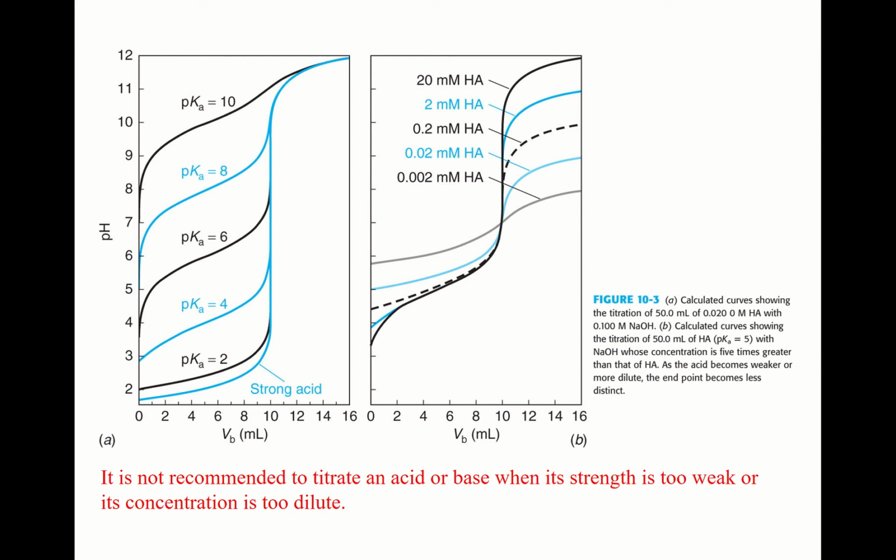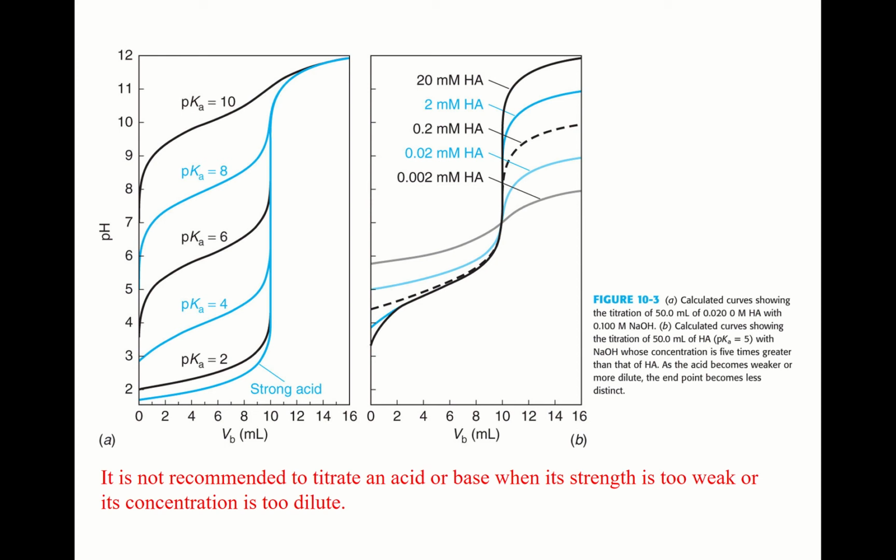So here the strong acid titration curve is this one. The initial pH is quite low, and at the equivalence point, which is exactly 7, it increases a lot. So the step size, you look at that, for the strong acid is the greatest one.